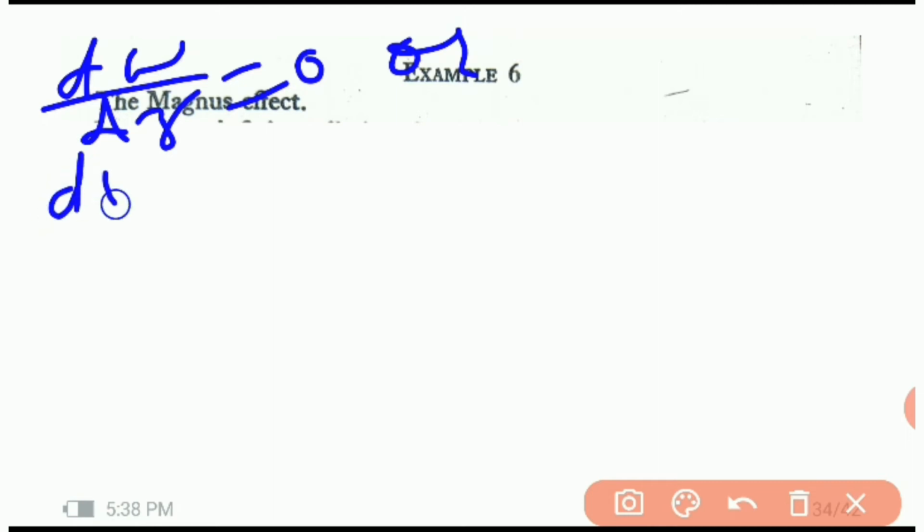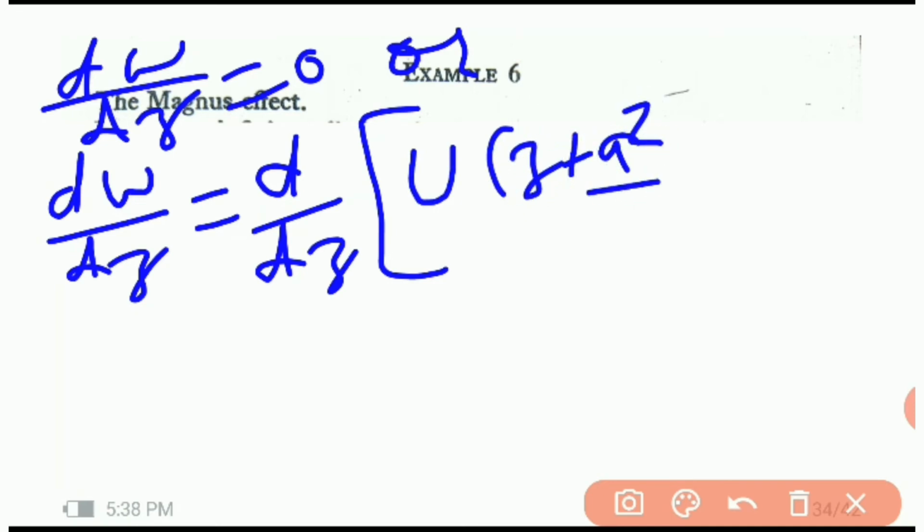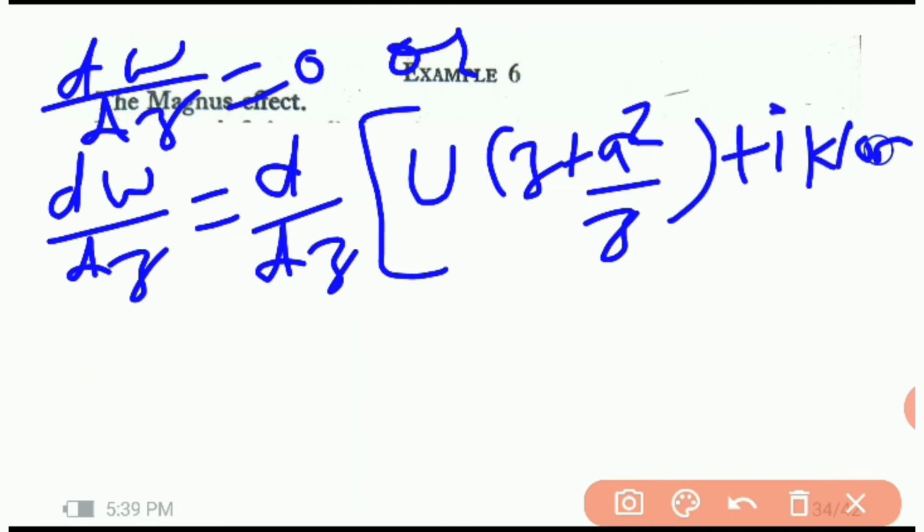Differentiate this with respect to z. dw by dz is equal to d by dz of U(z + a²/z) plus ik log z.